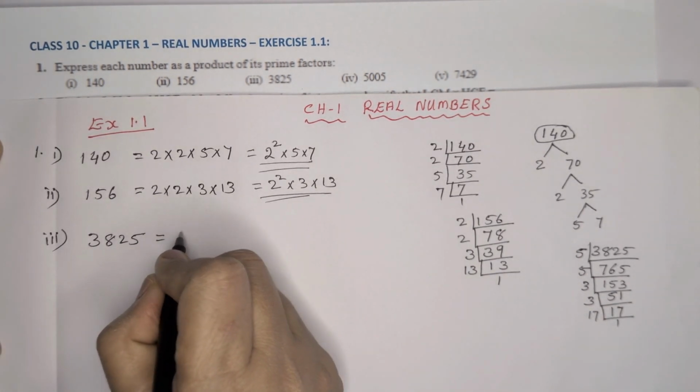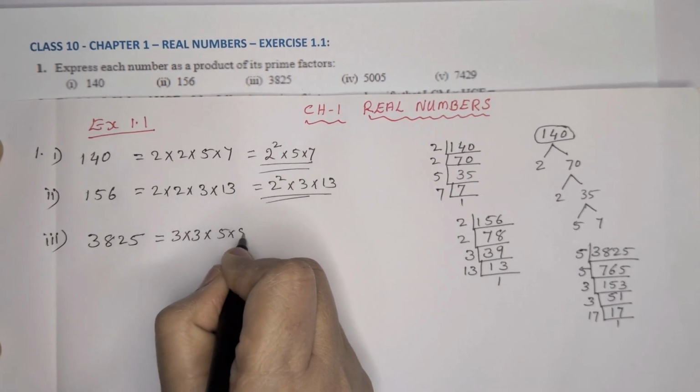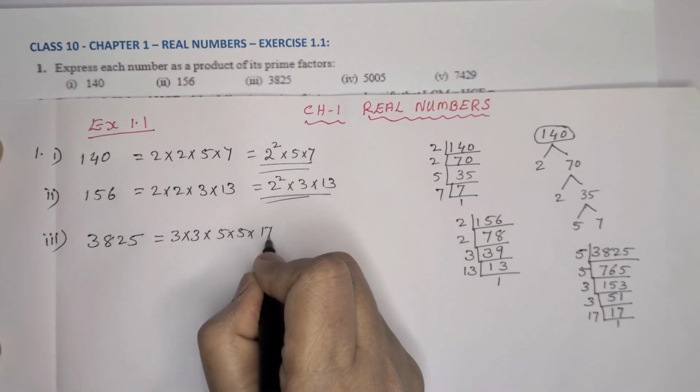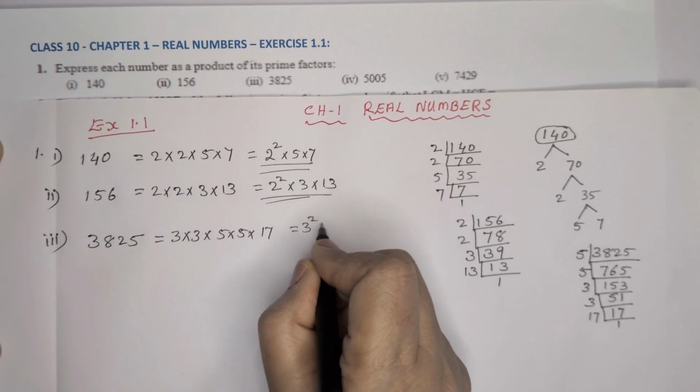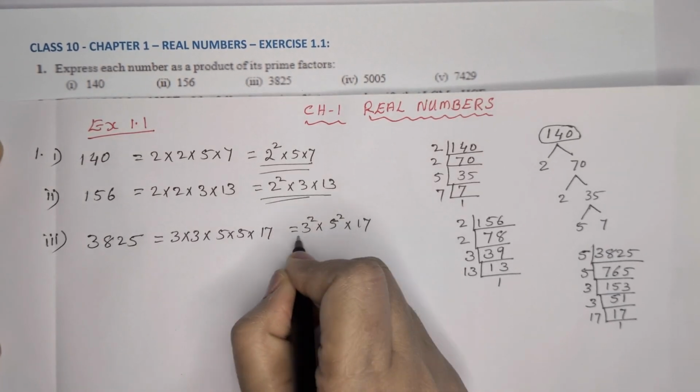We are getting 3 two times, 5 two times and 17, which is equal to 3 square into 5 square into 17.